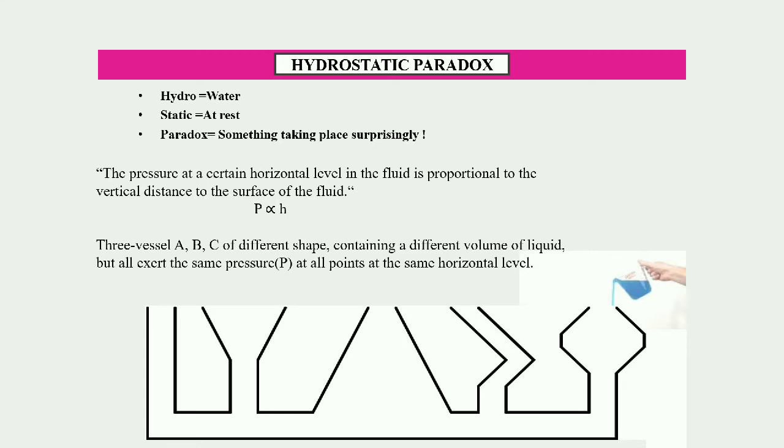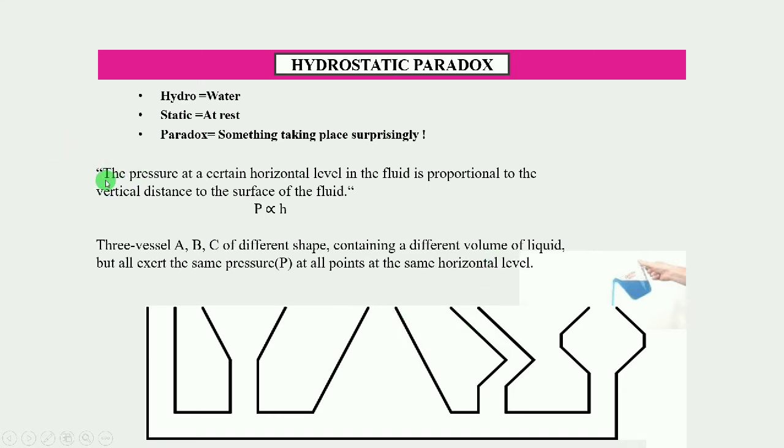But by observation we can see that because the shape of the vessel is different here, the pressure will be different. So this is known as the hydrostatic paradox. Hydro means water, static means at rest, paradox means something taking place surprisingly, because our observation is something else and our conclusion is actually that the pressure will be the same.